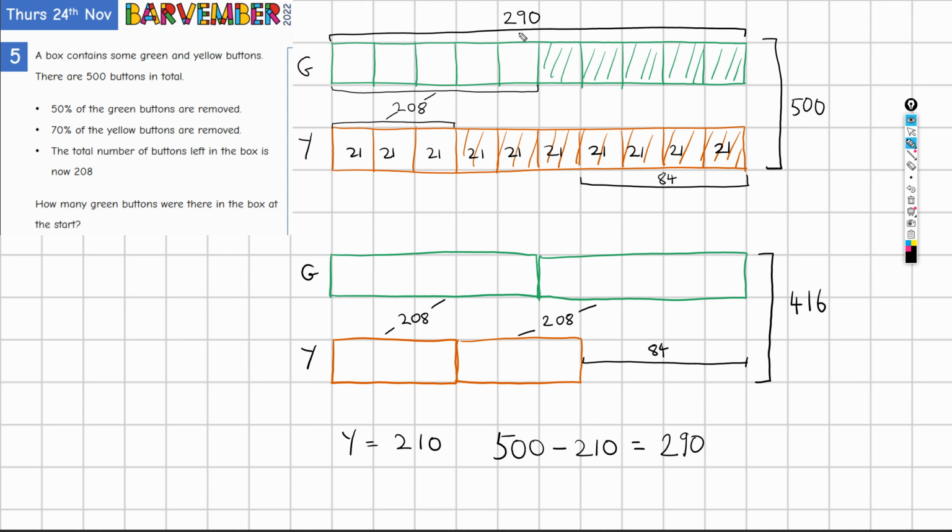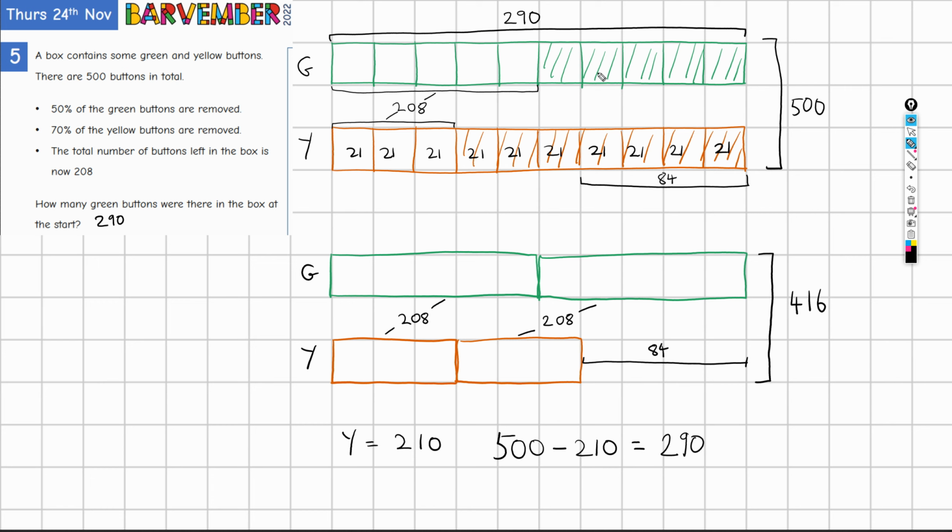In fact, I think I should have put that in at the beginning. That is what we were asked to calculate: how many green buttons were there in the box at the start? So that's 290.